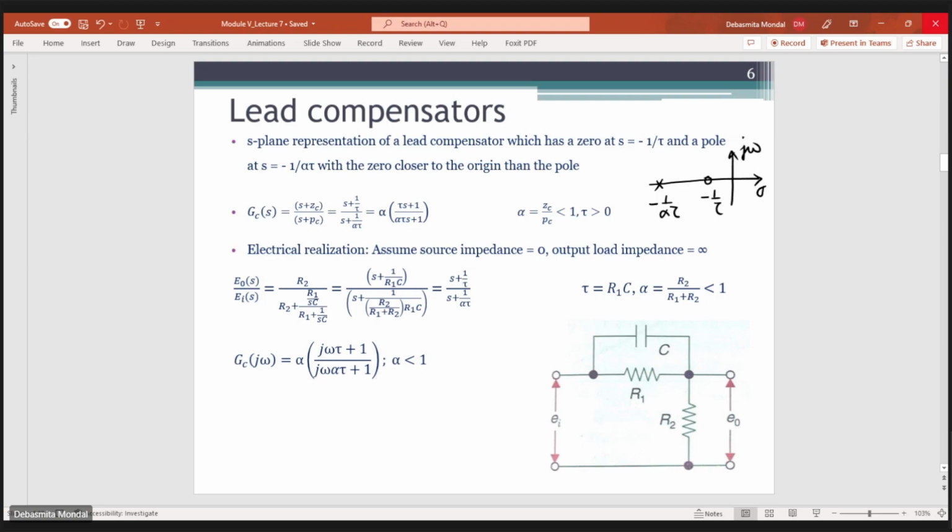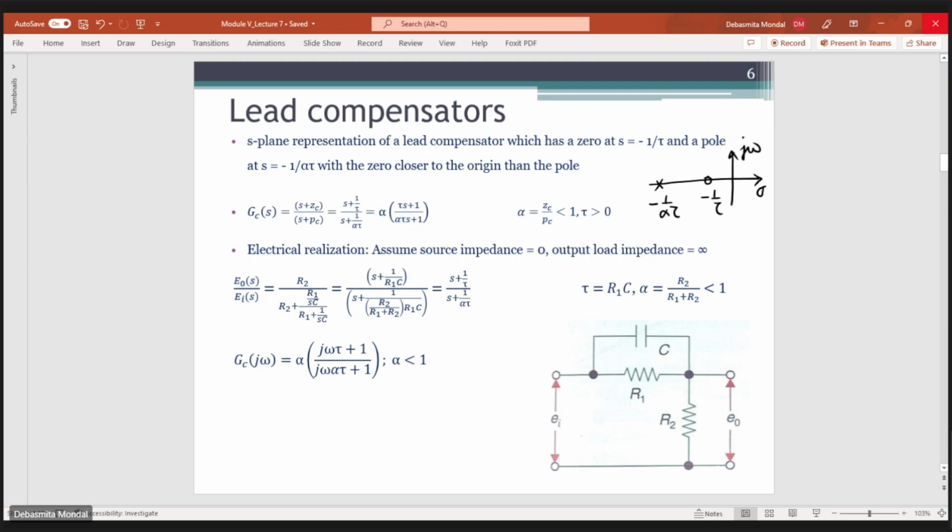Since the zero is closer to the origin, its magnitude is lesser than that of the pole, so the ratio will be less than 1. So alpha is less than 1 and tau is greater than 0.